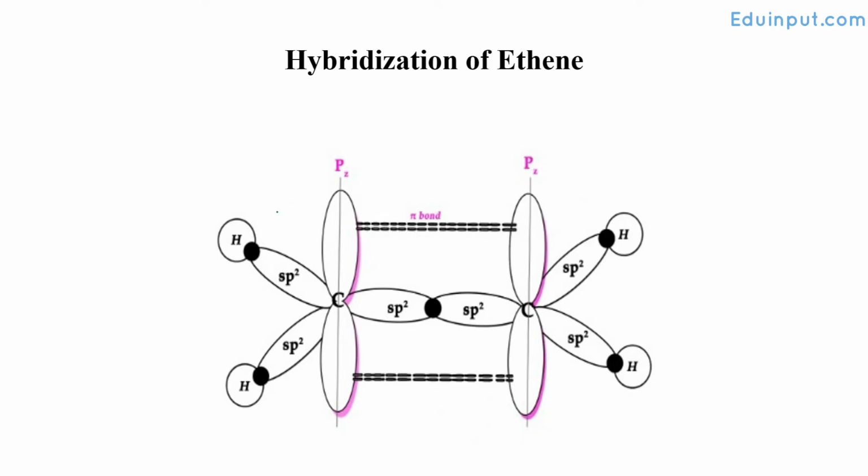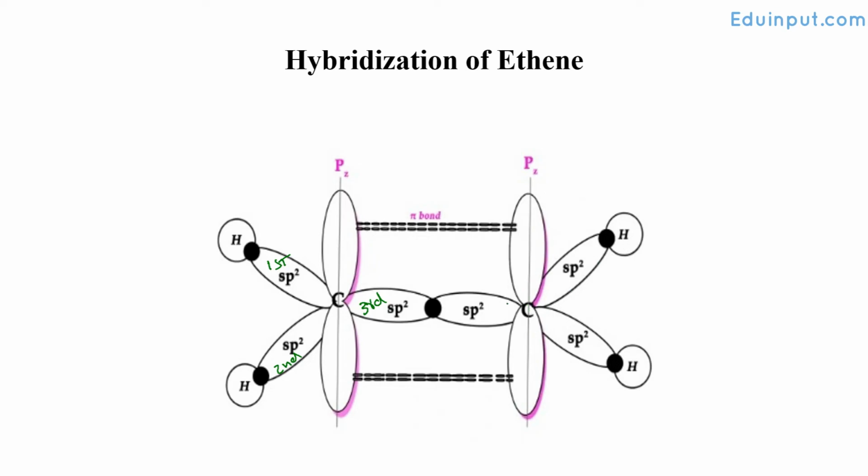You can see in this diagram that this is the carbon atom and this is the first sp2 hybrid orbital, this is the second sp2 hybrid orbital, and this is the third sp2 hybridized orbital. The same is the case with the second carbon atom of ethene.